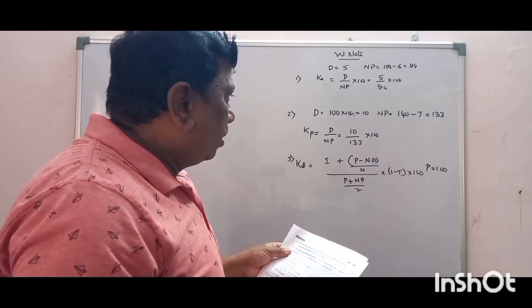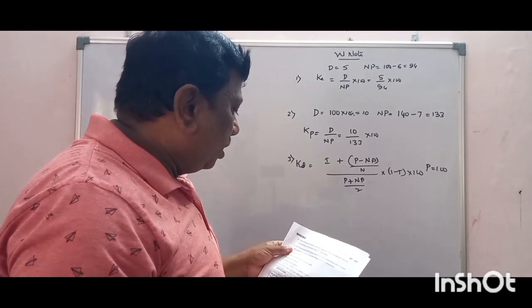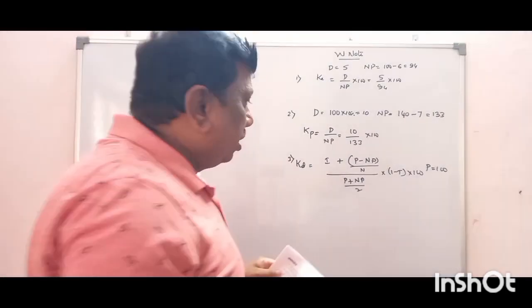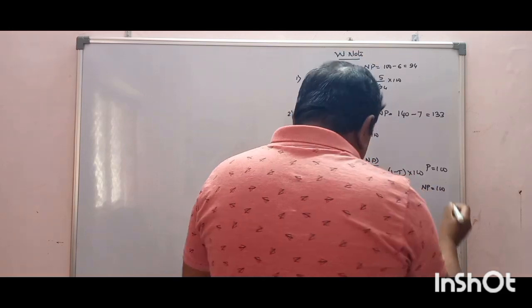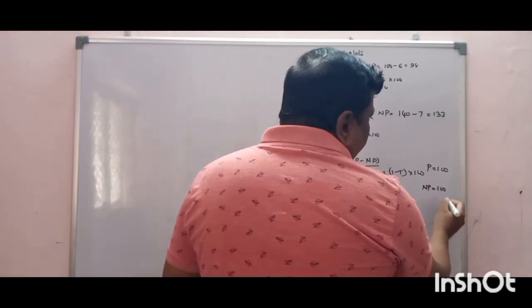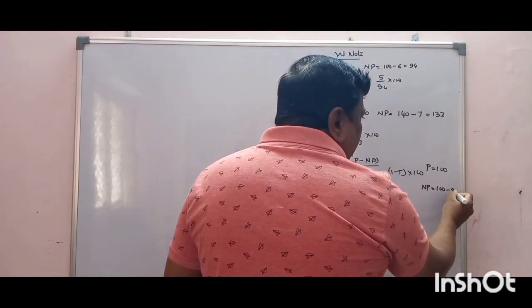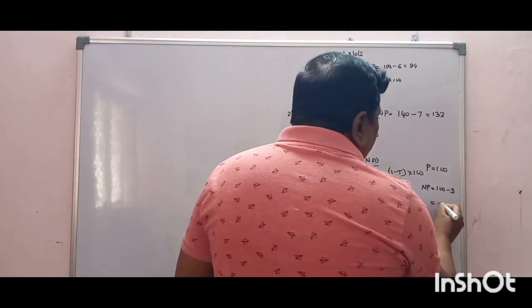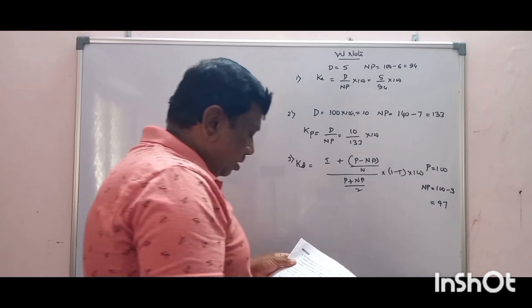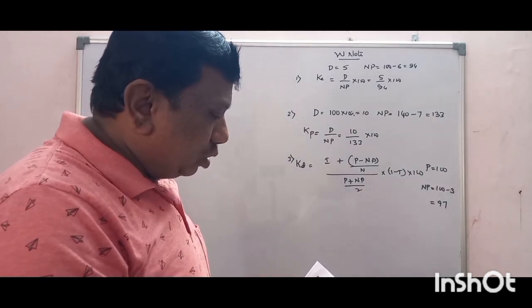See, NP means issue price. NP is 100. For that they are giving 3%. 3% of 100 means 3 only. So NP should be 97.